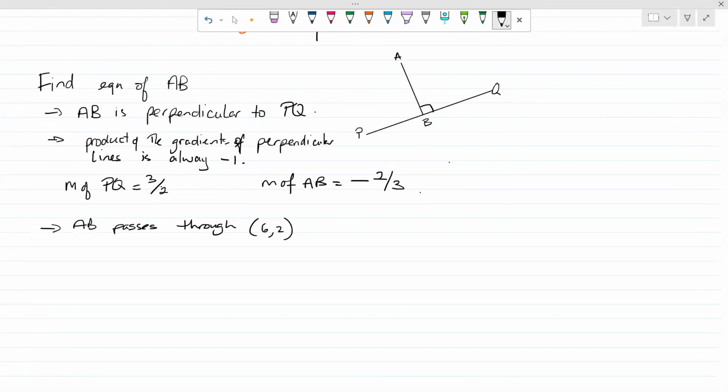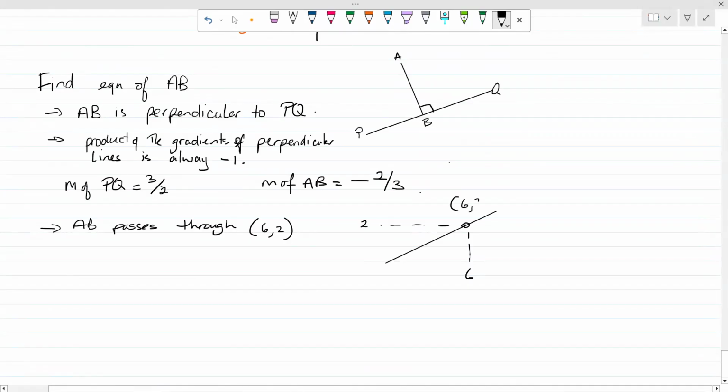This means that the line itself has a point on it that is 6 on my x and 2 on my y. So there's a point, just like how we had the points P and Q before, that is 6, 2. This is important to us because it's going to provide us with our x and y values. And this is providing me with my m.